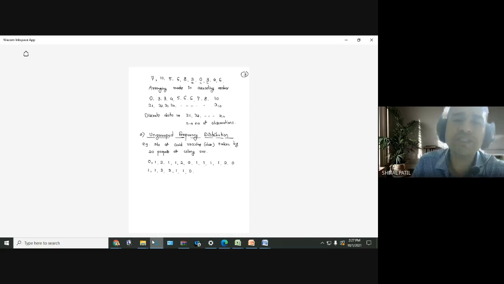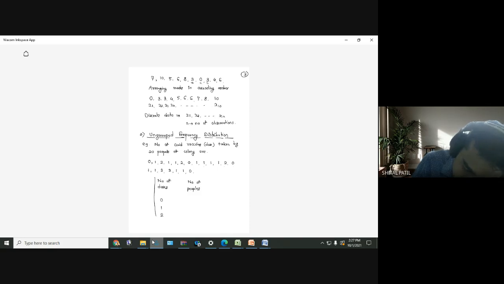So we want to represent it in a particular form. Okay, so how can we represent it? Like this. Number of doses. Okay, number of people. Getting everyone? Right? So how many doses are there? 0, 1 or 2. Only 3 options are there.